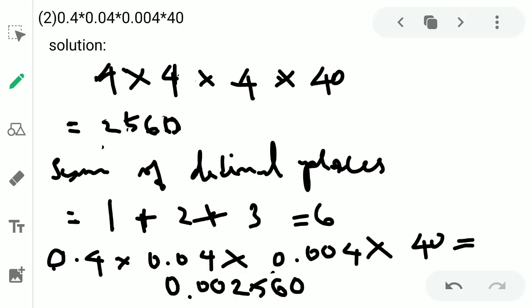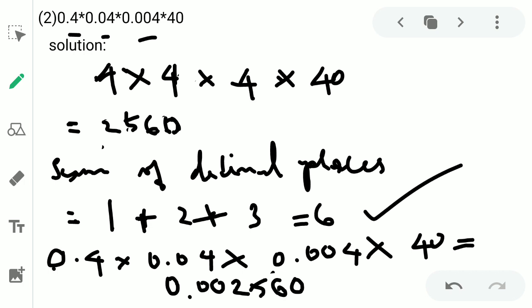Moving to the second one in the eighth question: 0.4 into 0.04 into 0.004 into 40. How many decimal places do you have after the point? 1, 2, 3. Adding all these, you will get 6 decimal places.